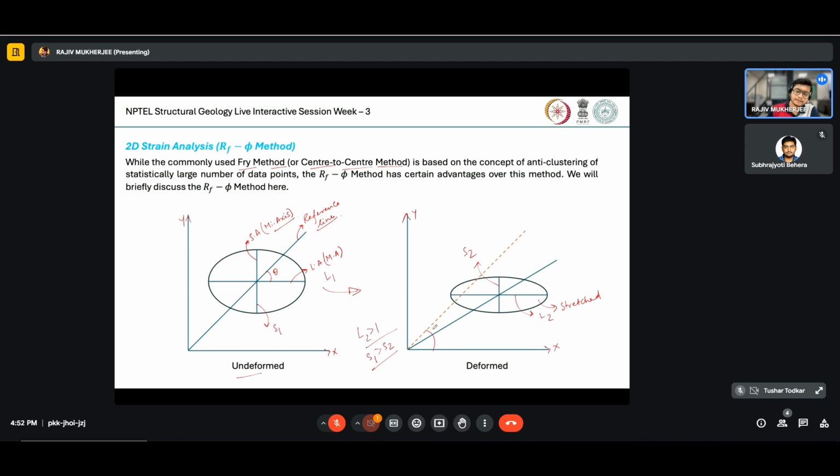And also we see a change in the angle. Initially the angle was theta. So this is the angle theta, and now due to deformation, this reference line has also rotated to an angle of phi.